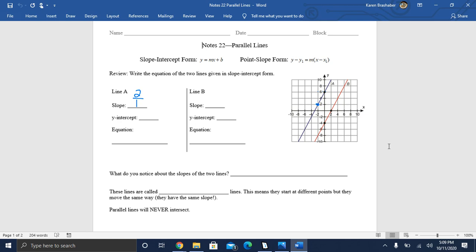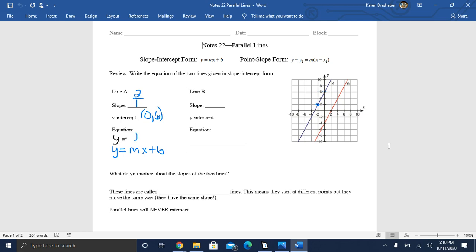We can look at the y-intercept, the point where it crosses the y-axis, and that would be at 0, 6. So our b is a 6. And so remember, our equation is y equals mx plus b. And so we can substitute in and have y equals, and then for our m, we can use the 2.